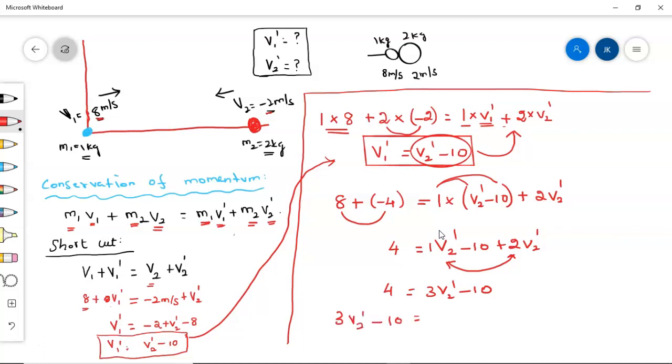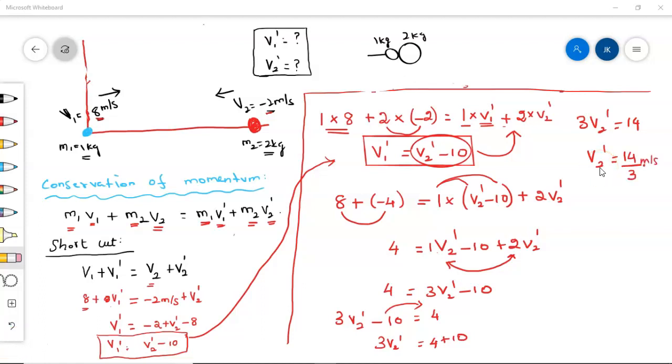Switch the equation so that it will be easier to find the answer. So negative 10 becomes positive 10. So 3 v2 prime is equal to 14. So v2 prime is equal to 14 over 3. So v2 prime is 14 over 3 meter per second.